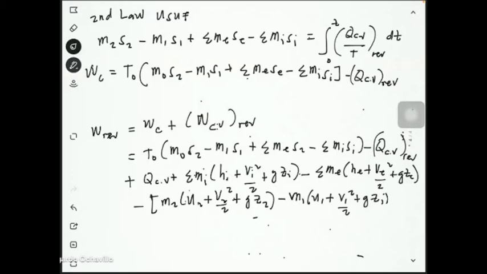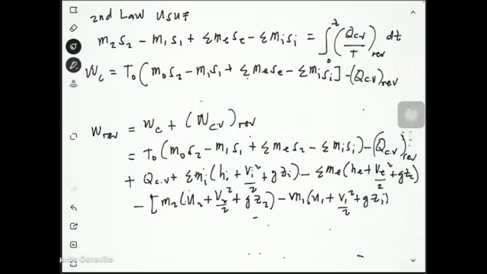So for a fixed mass, your M1 here is equivalent to M2, or let's just say this is equal to M, the mass inside your control volume. So considering a fixed mass for our system.